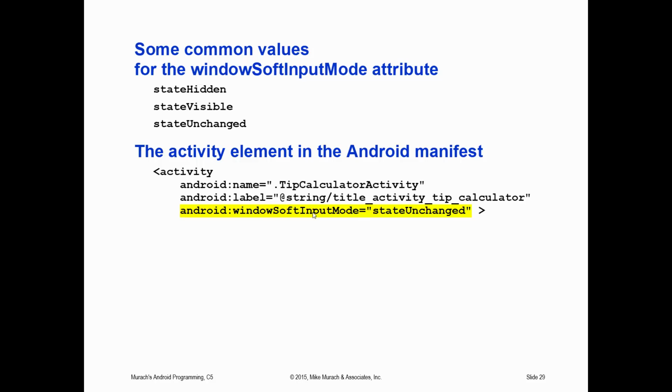You can see this state unchanged here, but they show you 3 common values for the Windows soft input mode attribute on page 139. They are state hidden, which means always hide the soft keyboard when you enter the activity, state visible, which is just the opposite, always show the soft keyboard when you enter the activity, and state unchanged, which says only show the keyboard when entering the activity if it was previously opened by the user.